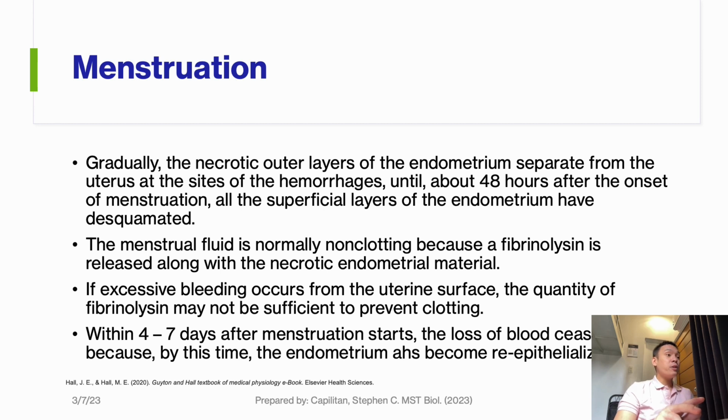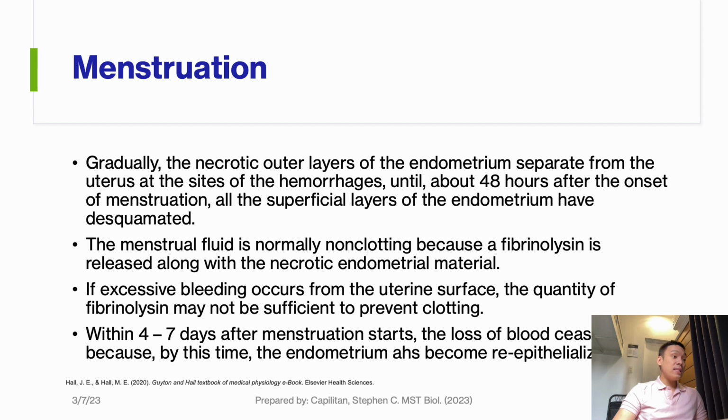Gradually, the necrotic outer layers of the endometrium separate from the uterus at the sites of the hemorrhages until, about 48 hours after the onset of menstruation, all of the superficial layers of the endometrium have desquamated. The menstrual fluid is normally non-clotting because a fibrinolysin is released along with the necrotic endometrial material. If excessive bleeding happens from the uterine surface, the quantity of fibrinolysin may not be sufficient to prevent clotting.